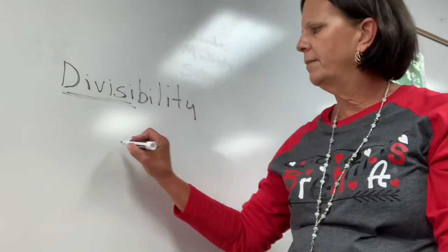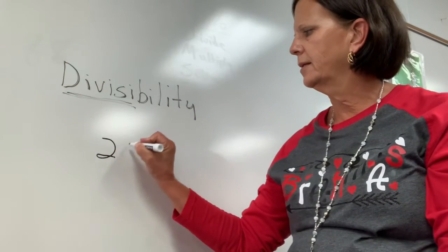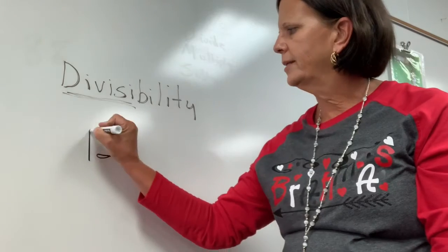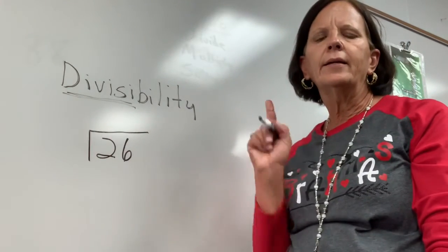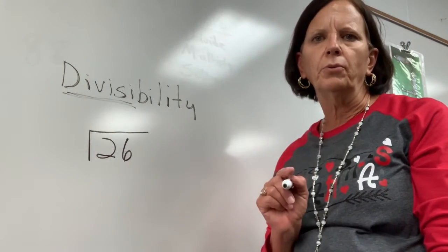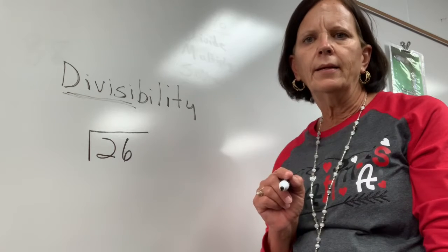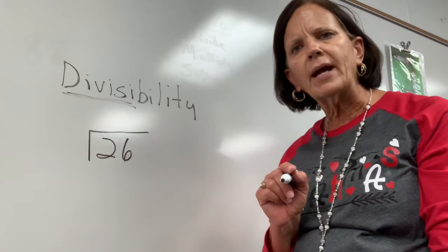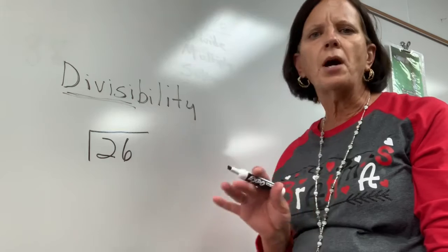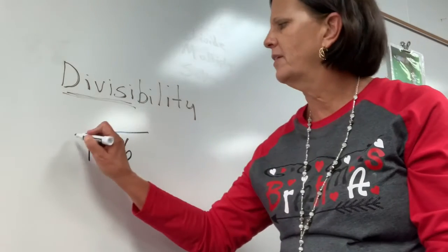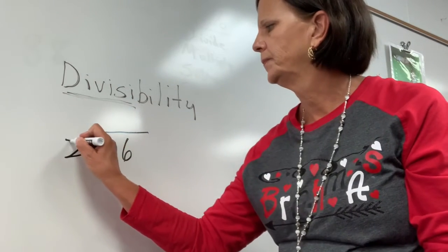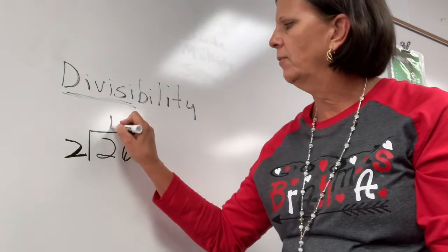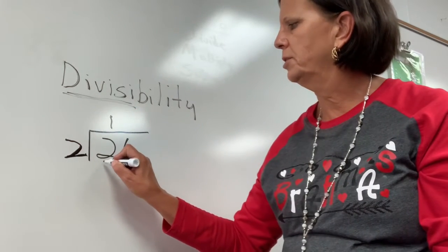If I have a number like 26, and I want to say, hey, is it divisible by 2? I'm really asking, if I divide 26 by 2, will I not have a remainder? So let me divide. So I can get one group of 2 out of the 2.